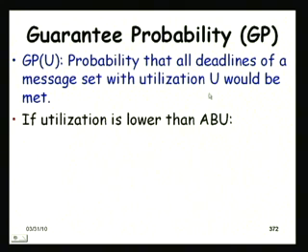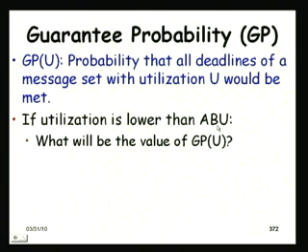See, as the utilization is lower than ABU, the absolute breakdown utilization, which is the average of the utilization due to all the messages in the saturation set, then what will be the value of GPU? What do you think? If the utilization is lower than the absolute breakdown utilization, then the message set will be schedulable, isn't it? The utilization is lower than what it was for the saturated set.